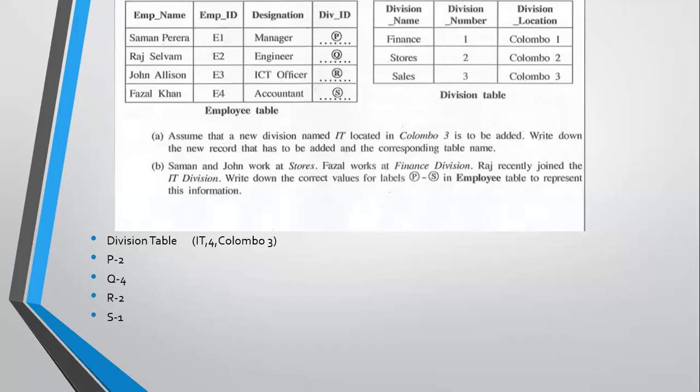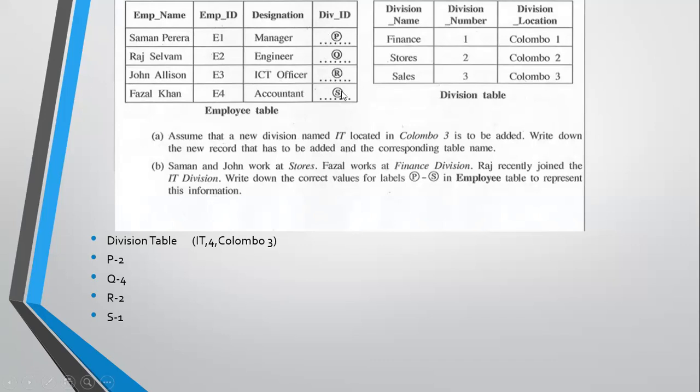There is an employee table and a division table. In the employee table, you can see the employee details: the name, ID, designation, and the division ID.